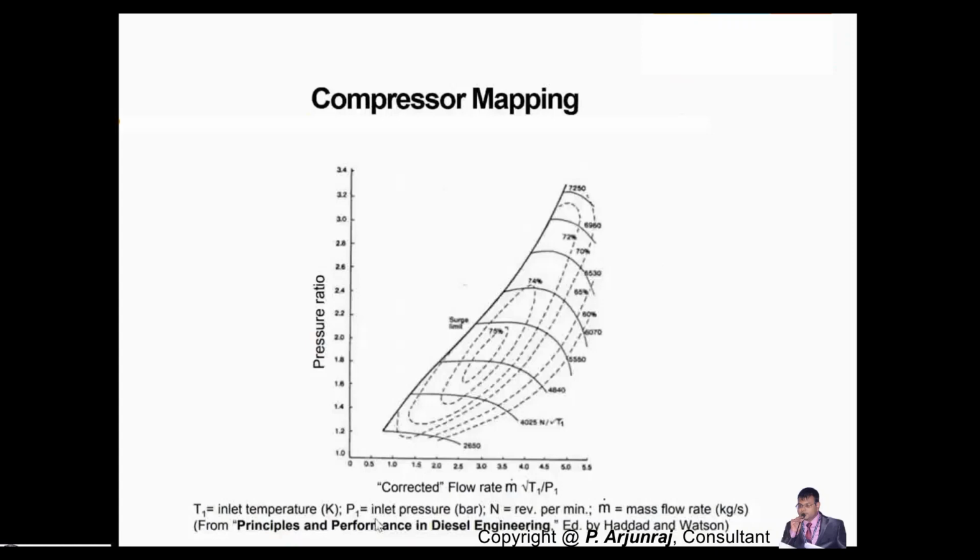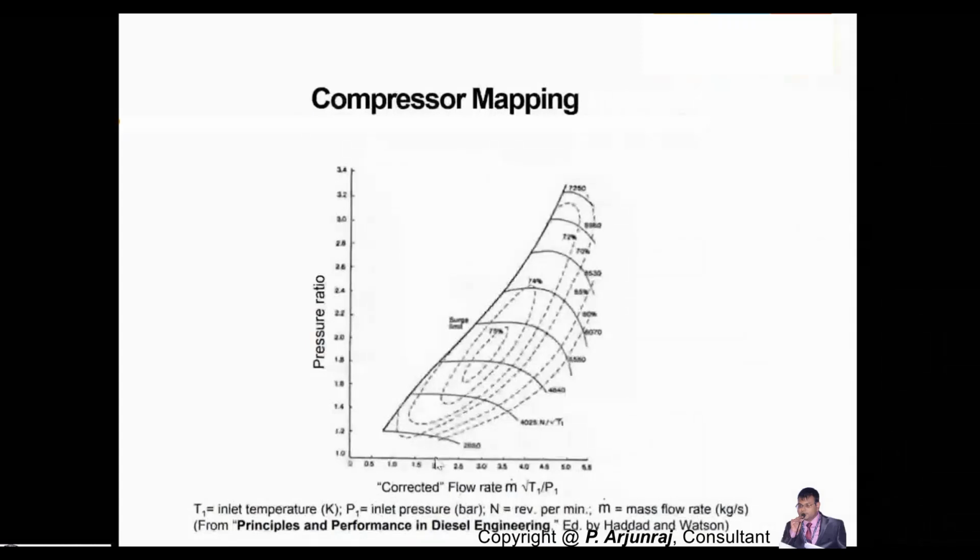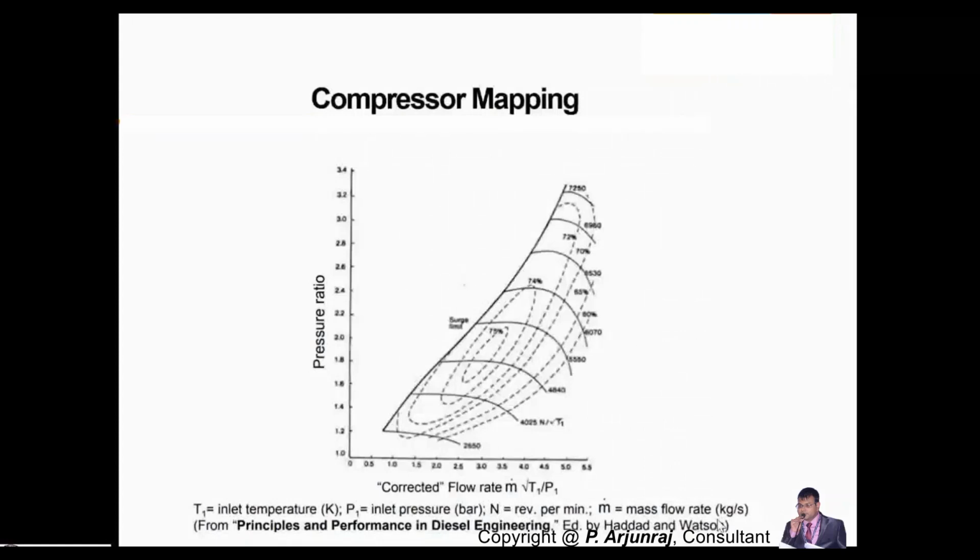P1 is the inlet pressure and T1 is the inlet temperature. I told you the pressure ratio is basically the outlet pressure to the inlet pressure, and the air flow rate is the corrected air flow rate. The flow rate is the mass flow rate of the medium, so here the unit is kilogram per second, and n is the speed at which the turbine performs.